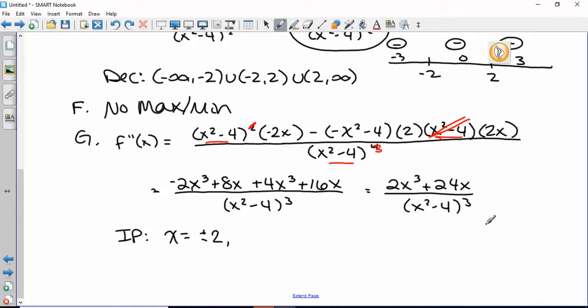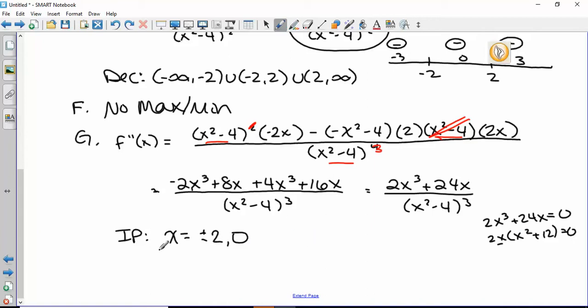If you set the top equal to 0, you could take out a 2x. If 2x equals 0, that happens at 0. X squared plus 12 equal to 0, what kind of number would that give me? Imaginary, so I don't need to worry about that one.